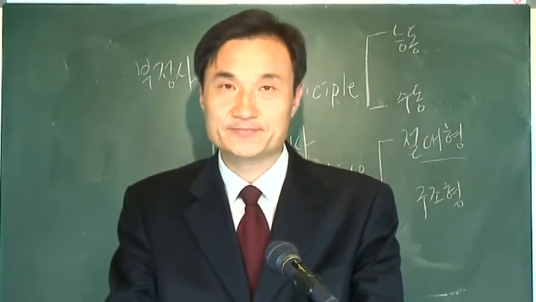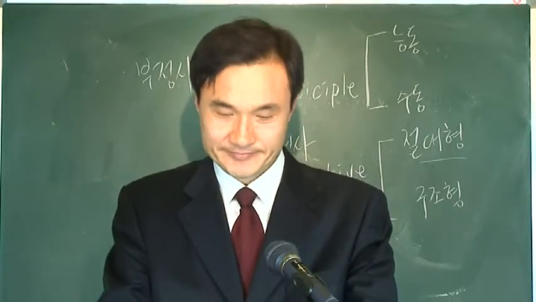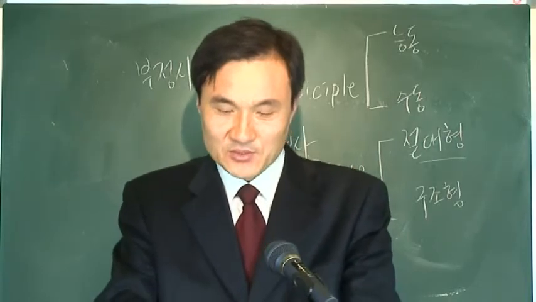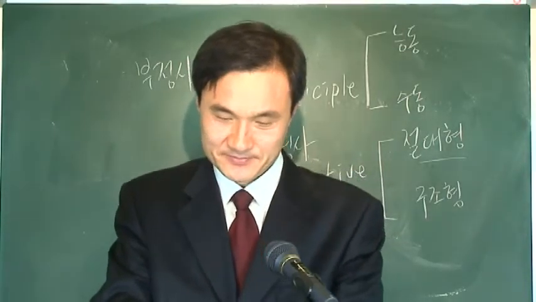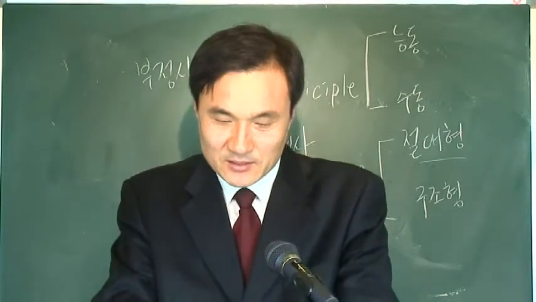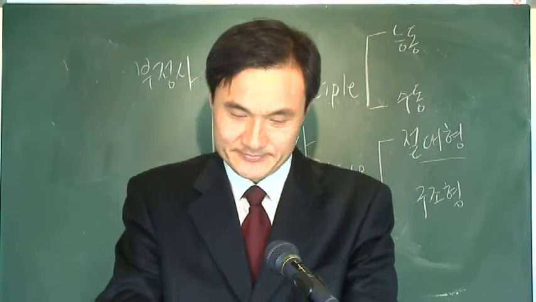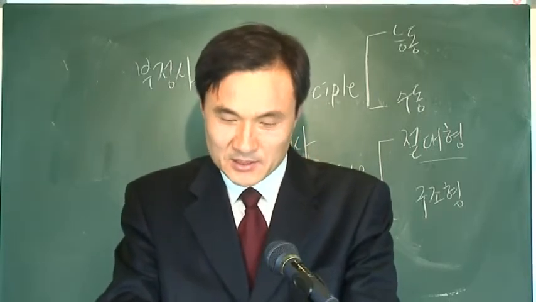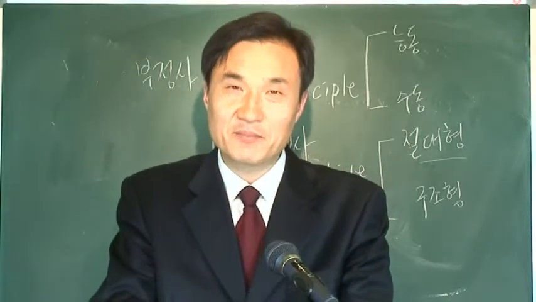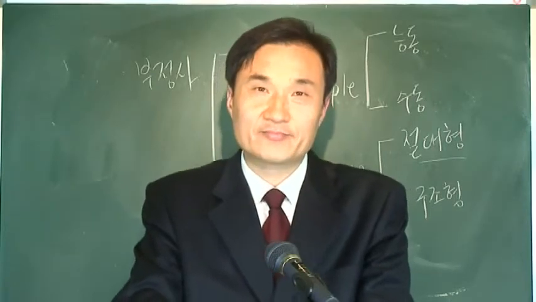This is a map of Hebrew verbs. There are finite verbs and non-finite verbs. Finite verbs are separated into the indicative and imperative. The indicative includes the perfect form and the imperfect form.